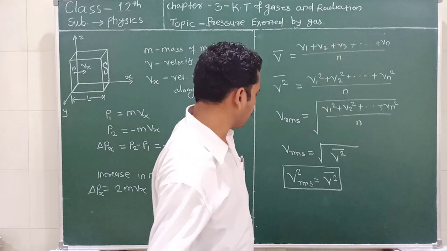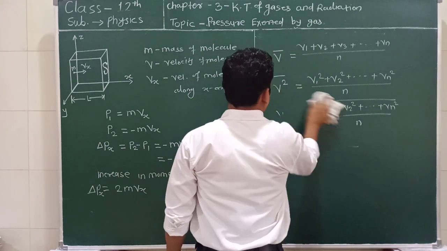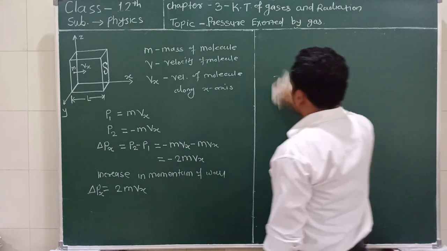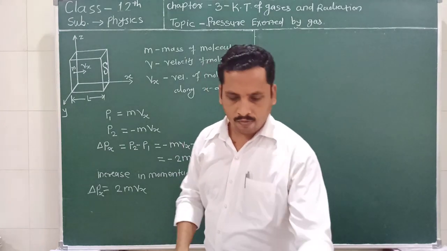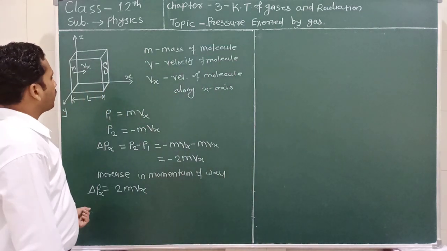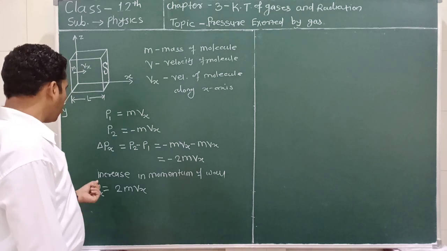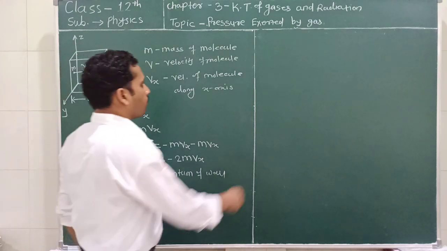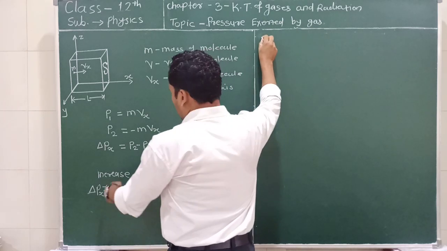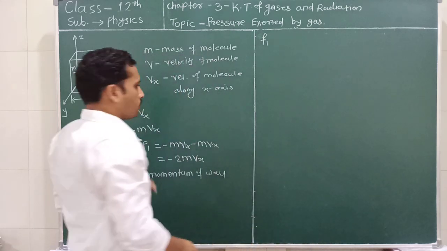Now we are going to calculate the force exerted by a single molecule, a particular molecule. For that, consider a single molecule which exerts a force F1 on this wall of the container.